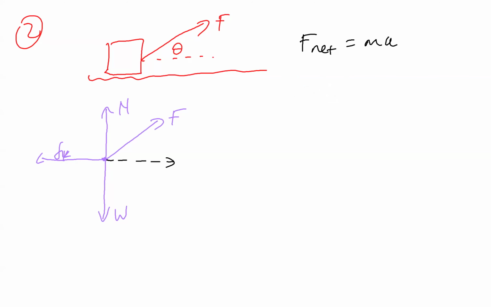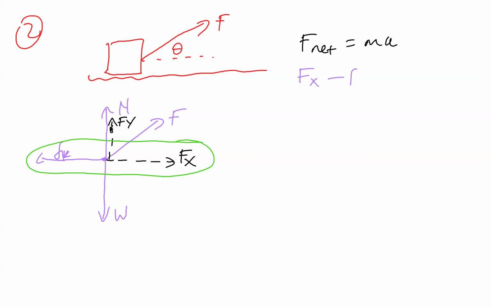Because this force is at an angle, it has components. Do you still remember these components I showed you last time? Yes, Fx and Fy. Therefore, we can have our Fnet along these forces, right? Now our Fnet is given by Fx minus Fk is equal to Ma.